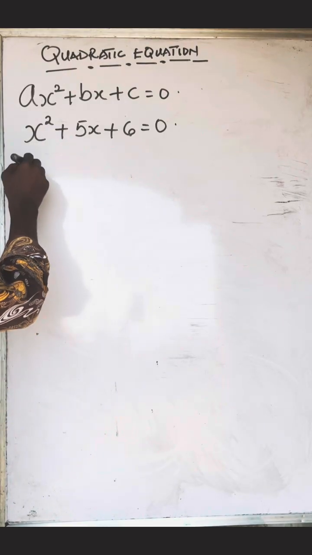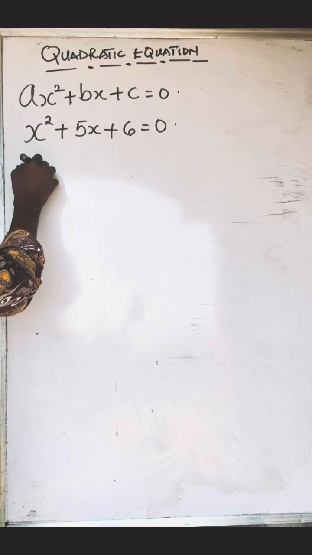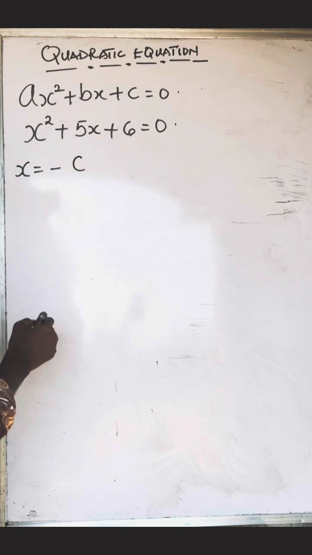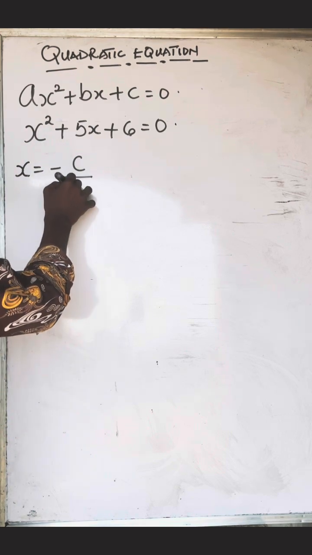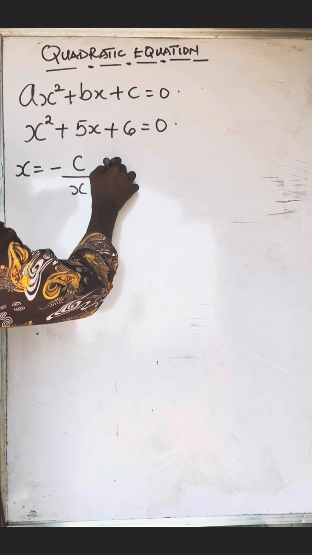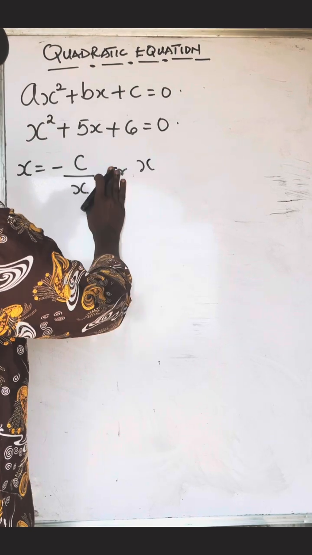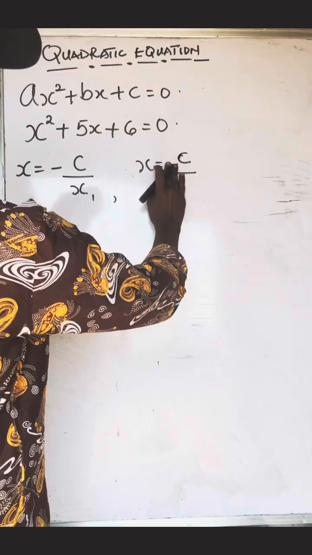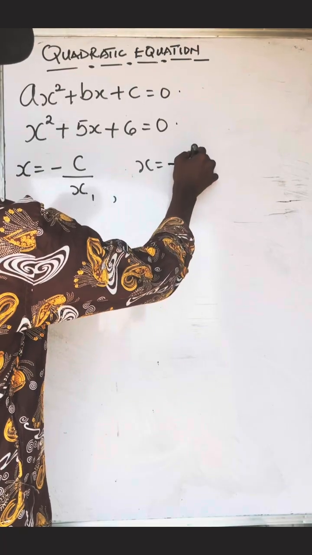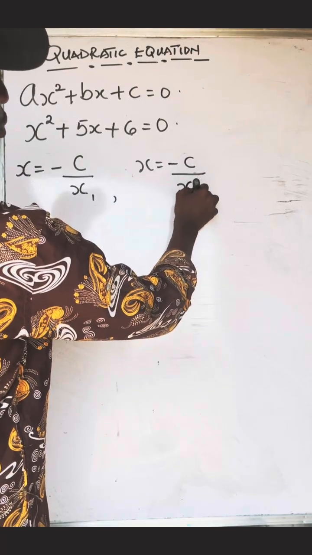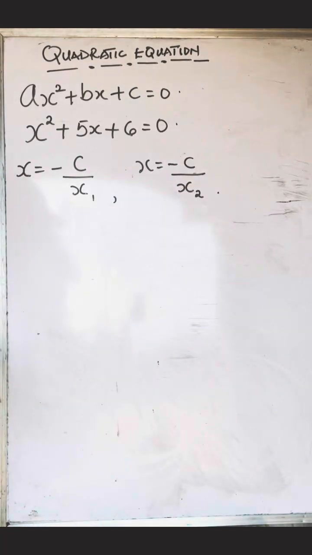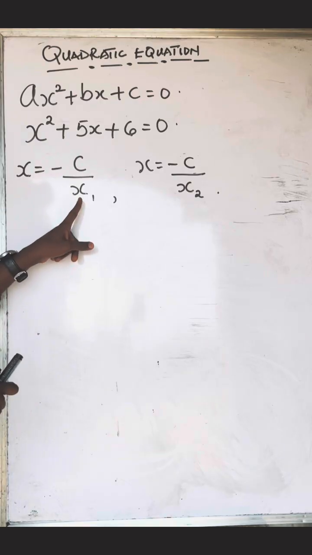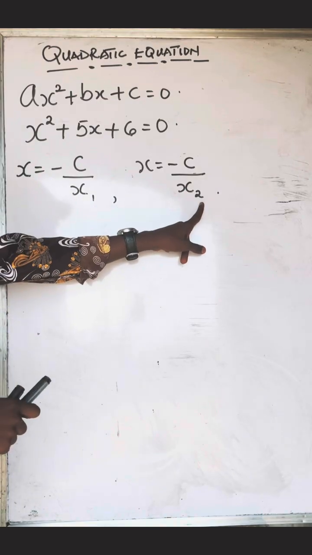So the first answer is going to be x equals minus the constant over x1, and the second one is x equals minus c over x2.